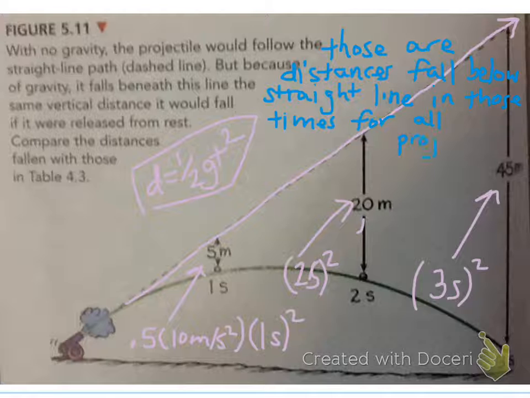Doesn't matter what it is or what direction it's shot. Below that ideal law of inertia straight line path, in the first second it's going to fall 5 meters below that. In 2 seconds it's going to fall 20 meters below that.